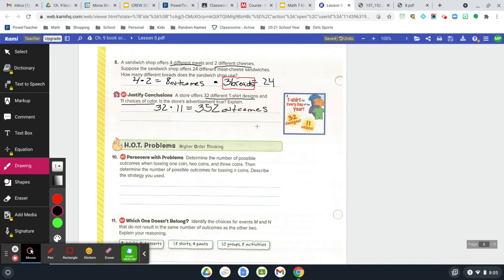So how many days are there in a year? Isn't there 365? So if that's true, do we have enough combinations to have a t-shirt for every day of the year? Nope. Okay.